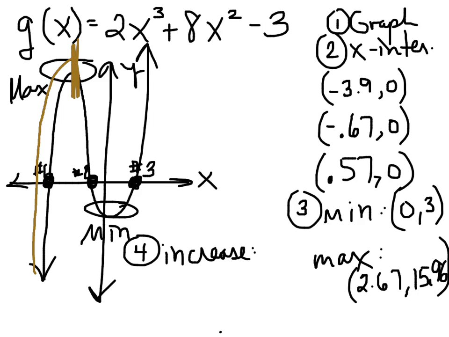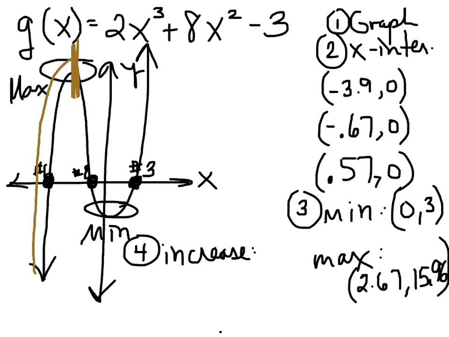Where does it stop? The maximum. You guys told me the maximum was negative 2.67 and 15.96. 15.96 is the y-coordinate, that's the highest point. But as far as stopping goes, it's the x-coordinate that matters. So we're saying that it's increasing left of negative 2.67.